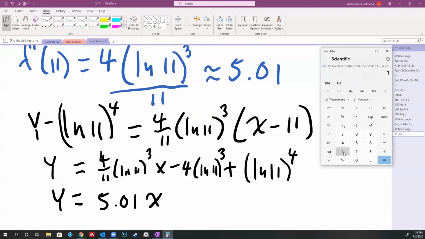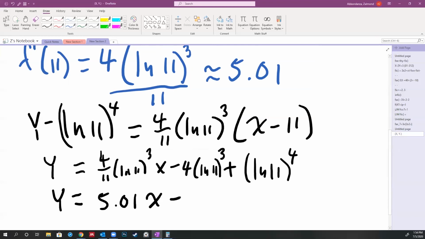So 11 natural log, close parentheses, to the third, close parentheses. Equals negative 22.09, rounding off to 2 decimal places. So there we go. Our final answer is 5.01x minus 22.09.